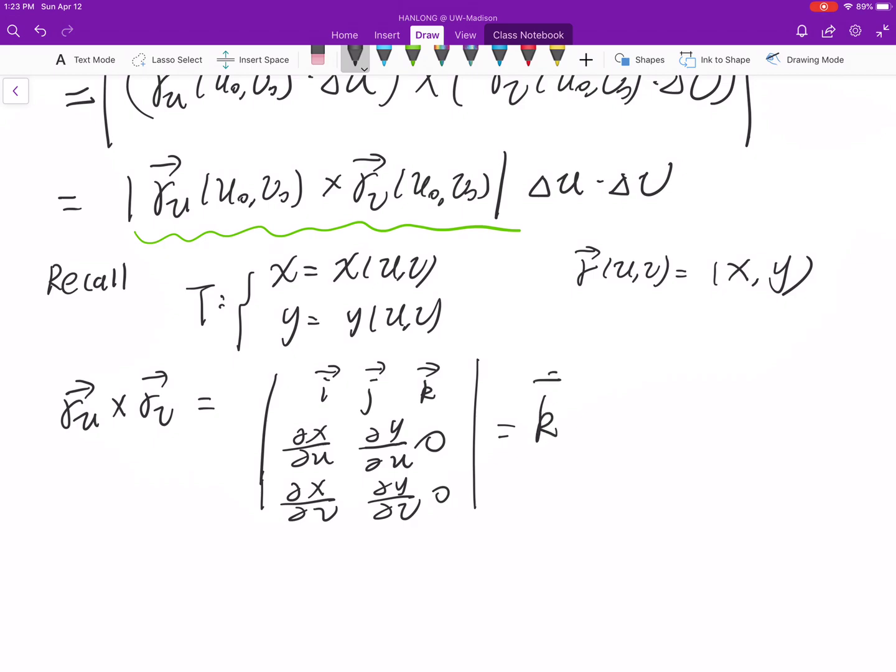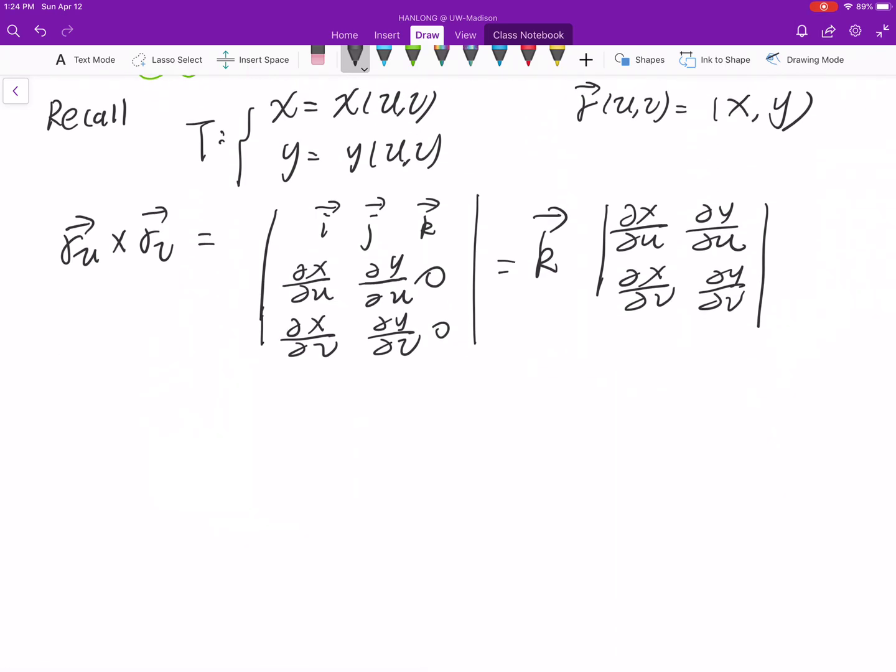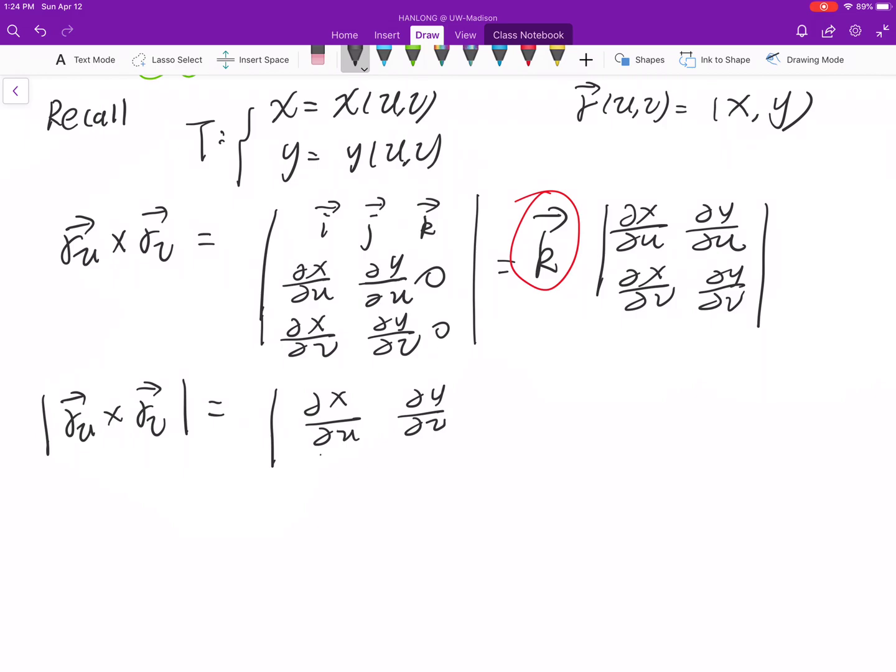And finally, it's k times (partial x partial u, partial y partial v minus partial x partial v, partial y partial u). Okay, and therefore, if you take the norm, because k is a unit vector, you have this. But of course, you need to take the absolute value for this.